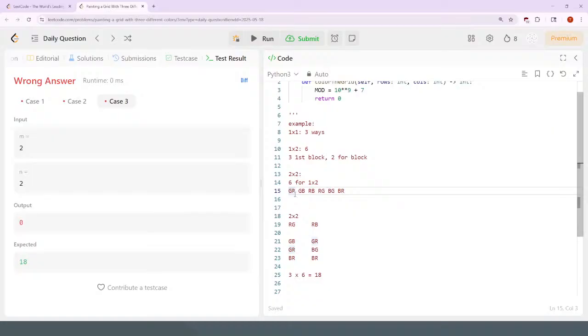And then you can just do that for the n number of rows. Because you can just generalize it, and if you have a certain row as your last row, then the previous rows don't really matter in some sense. You just need to add one more row, and how many ways can you add another row? So you just need to generalize this.